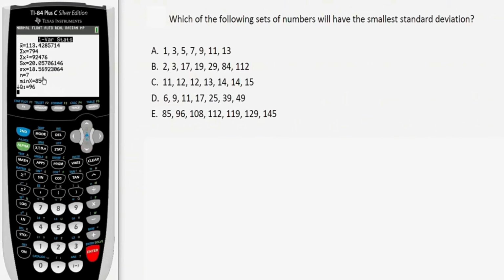We have the sample standard deviation to be 20.05. No. So the smallest value we got as a sample standard deviation was around 1 point something, which is option C. So guys, the correct option to this question is option C. Option C gave us the least, the smallest sample standard deviation.